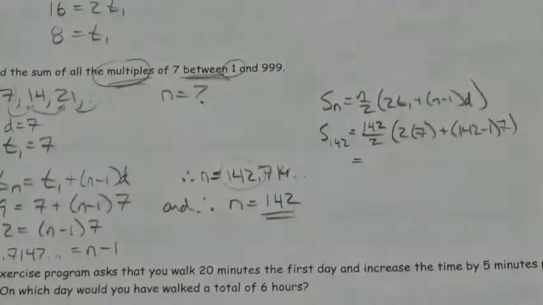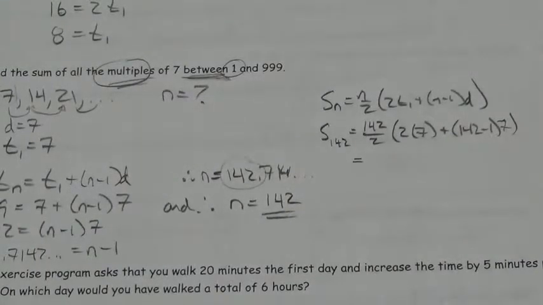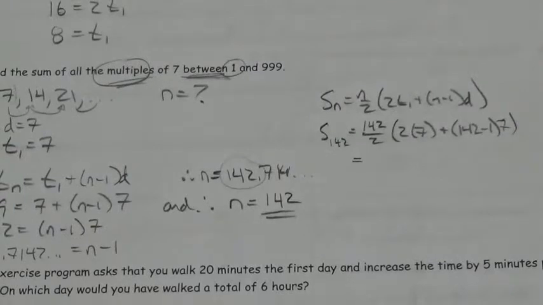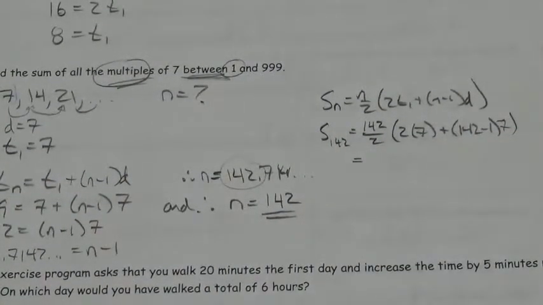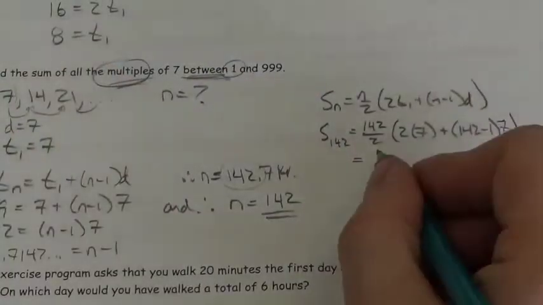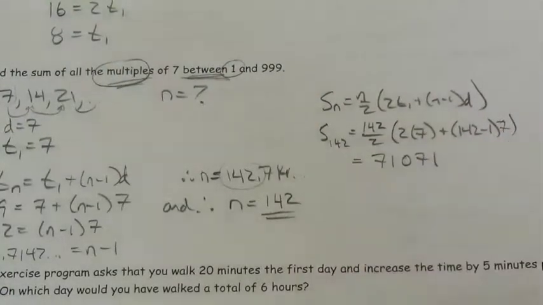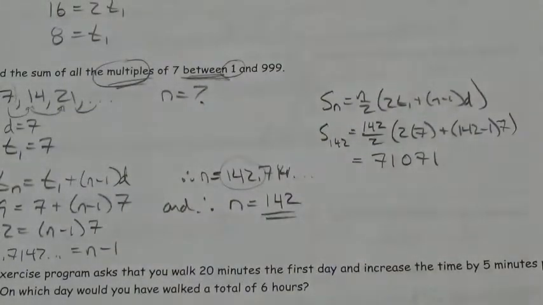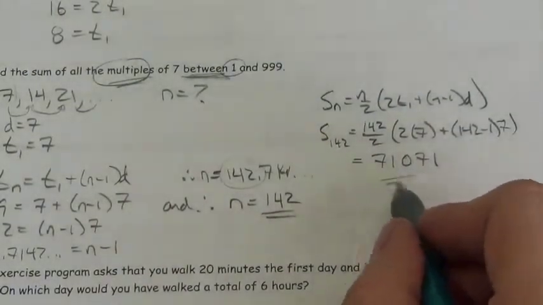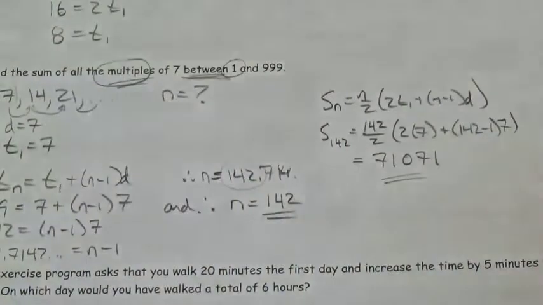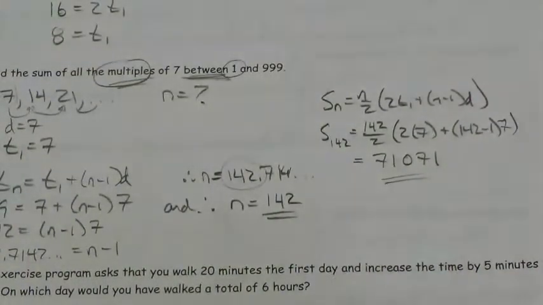Now this is just calculator work: 142 divided by 2, multiplied by 14 plus 141 multiplied by 7. Putting that all together, that's 71,071. Okay, that's a big sum. But on the other hand, we are adding together a whole bunch of multiples of 7, so it makes sense that it would be a fairly large number.